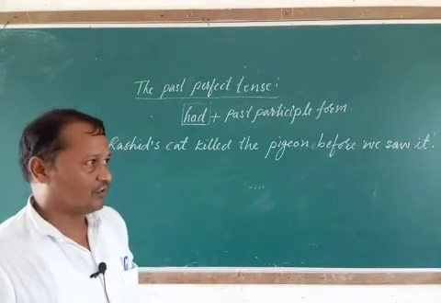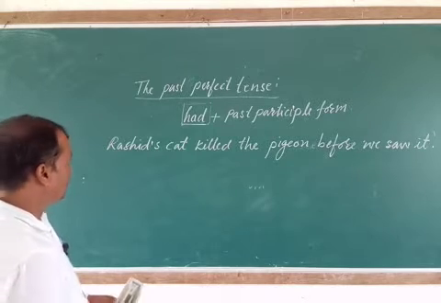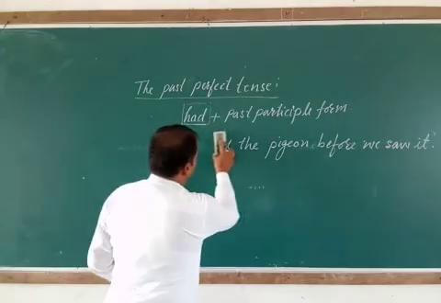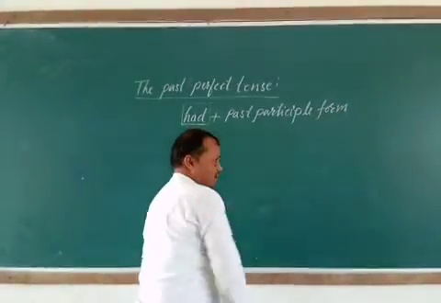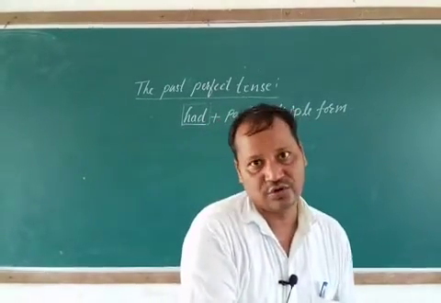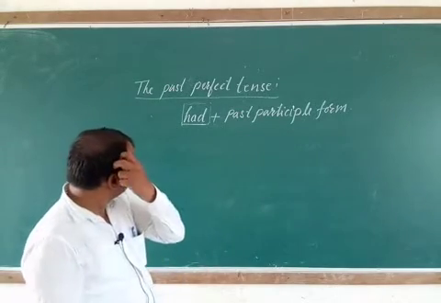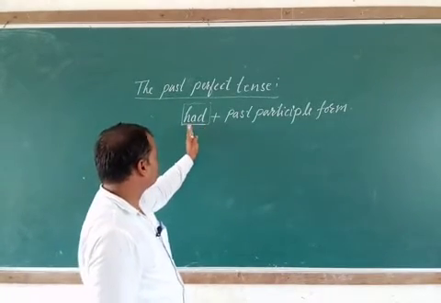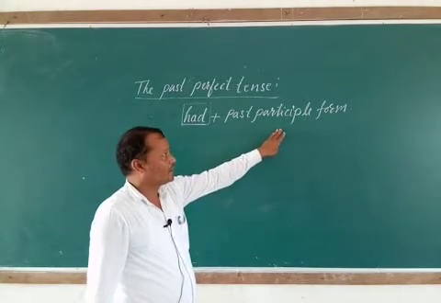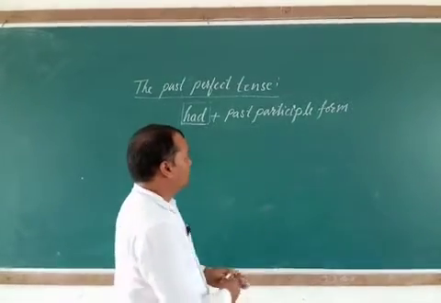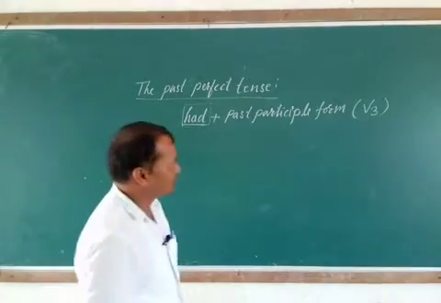So now we will see if we have to make a negative of this tense. What do we do to form negative sentences? To form negative sentences, we always use not after the auxiliary verb. So after the auxiliary verb and before the past participle. You know, past participle is called the third form of the verb.